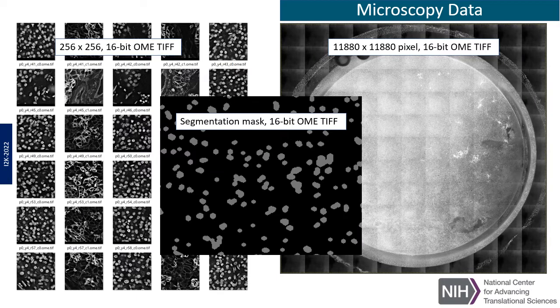Let's take a closer look at the typical data high content analysis deals with. On the right, we see the whole well microscopy image acquired in tiles. Individual tiles are on the left.